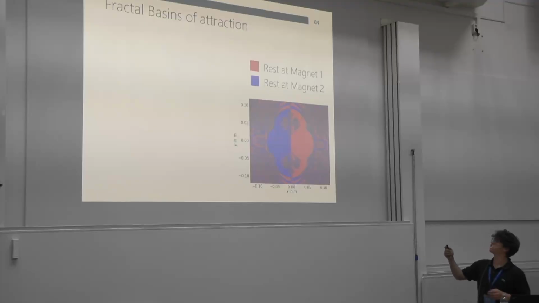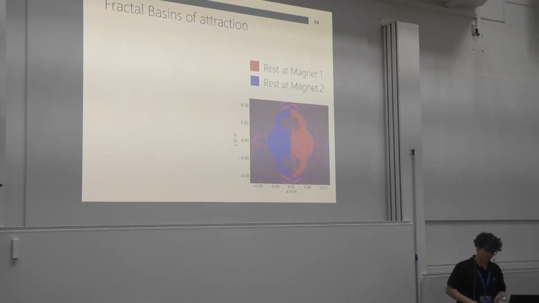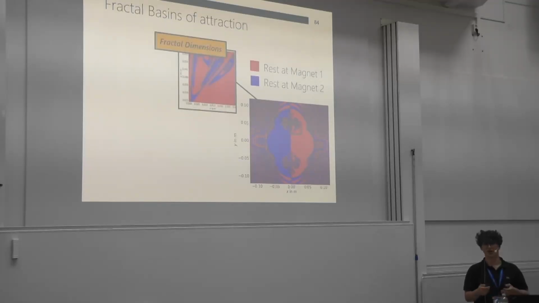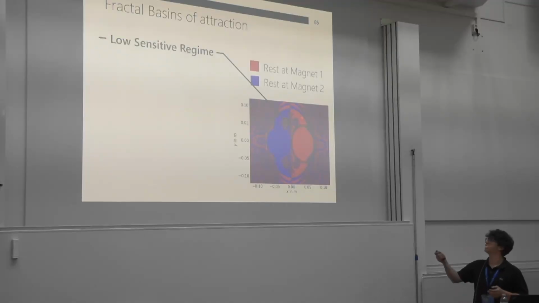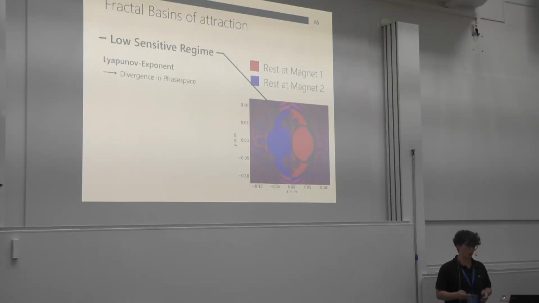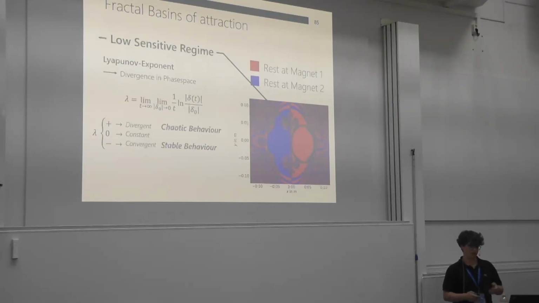Now, these resting positions can also be investigated using the fractal basins of attraction, where for every point we simulate, we check if it rests at the blue magnet or at the red magnet. Generally we can see that we have fractal dimensions, and a low sensitive regime, which we can check with the Lyapunov exponent: when it's negative, it is convergent in the phase space, and positive is a divergence in the phase space, so talking of chaotic behavior.